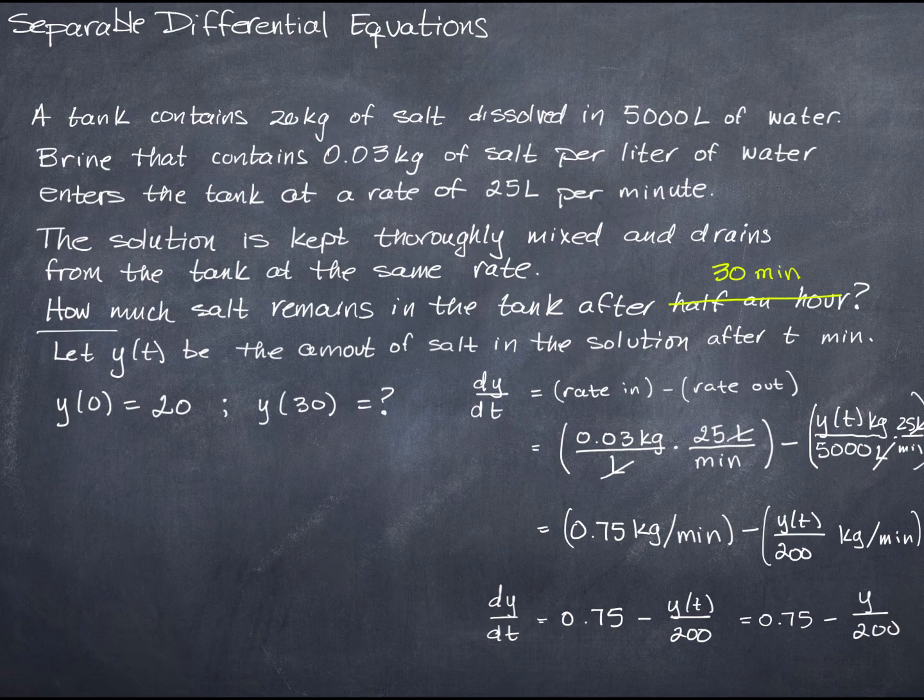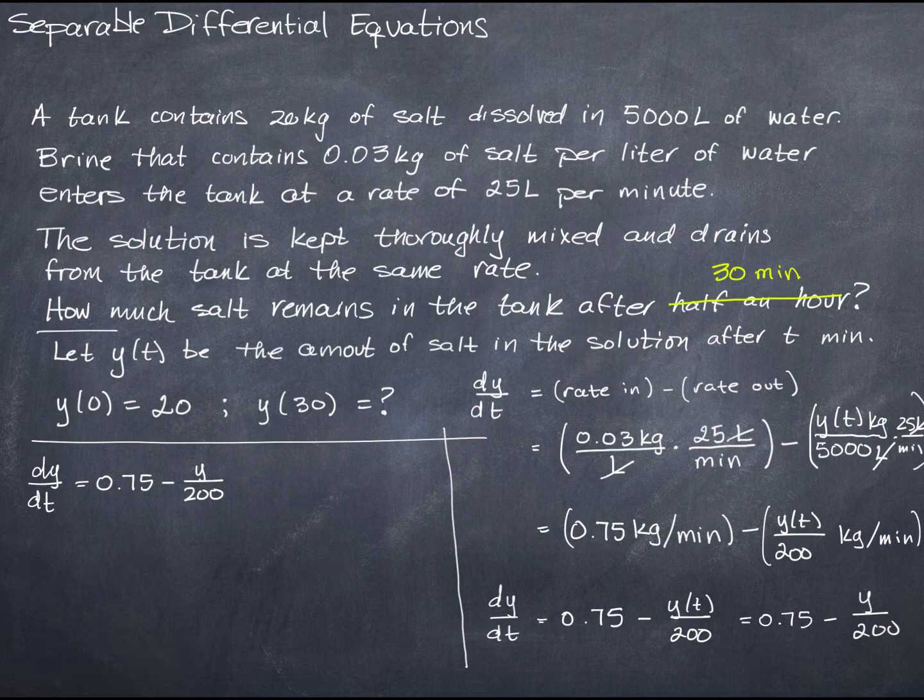So let's rewrite the differential equation over here. And then let's try solving this without separating the variables first. Let's see what happens if we multiply both sides by dt, which lets me cancel those. And that gives me dy equals 0.75 minus y over 200 dt.